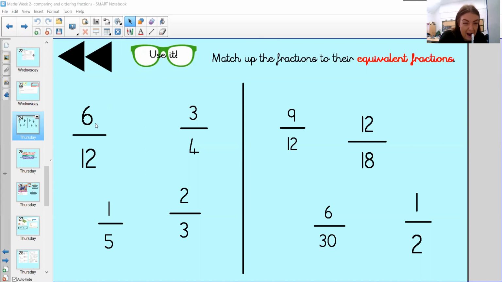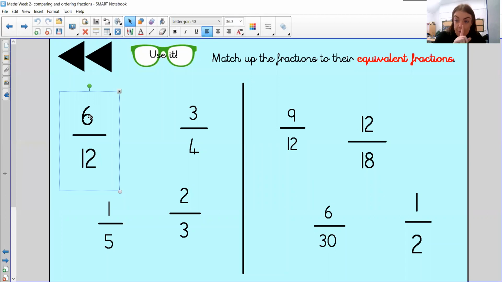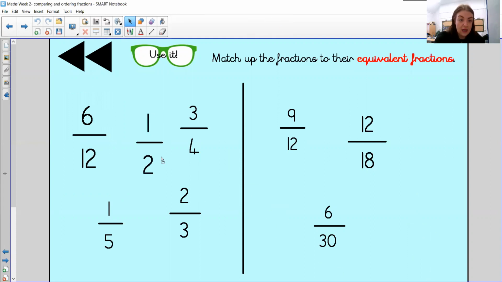Right, I'm going to rewind some of my knowledge. I know the relationship between 6 and 12 is that 6 is half of 12. So remember, whenever your numerator is half the amount of your denominator, we know straight away that that is also equivalent to 1/2. Let me just get my prove it pen, and I'm going to prove it to you.